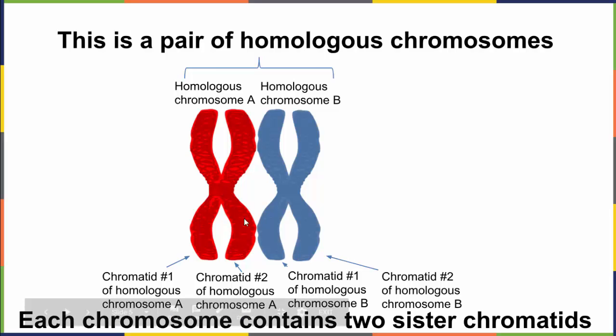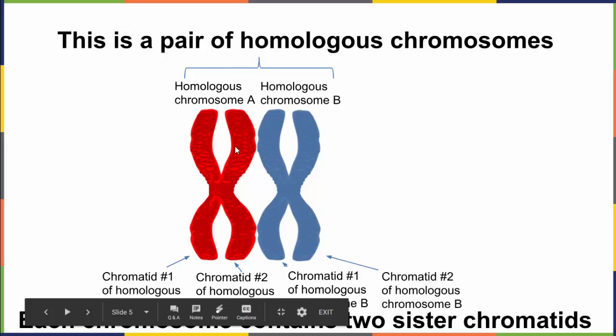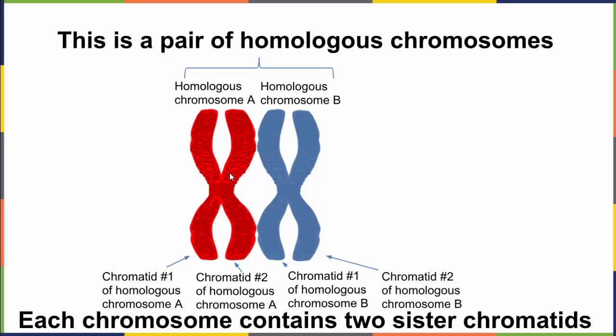So it's paper clipped together with its identical twin that was made during replication. And the same thing here on the blue one. This was the one from the father, but because it was replicated, it's still paper clipped to that new one that was made during replication. That's why it looks like an X, because it's two of them paper clipped together in the middle.